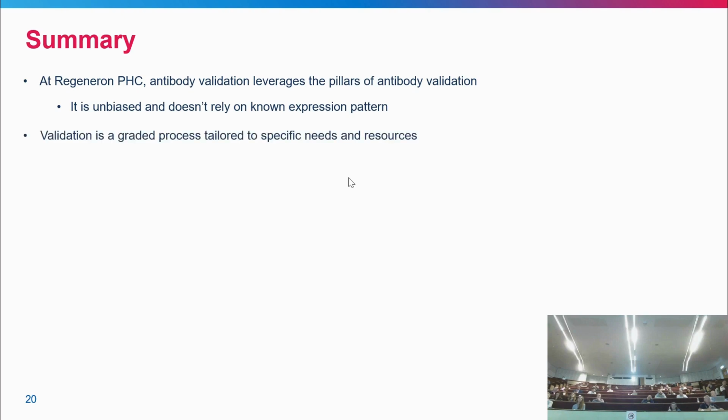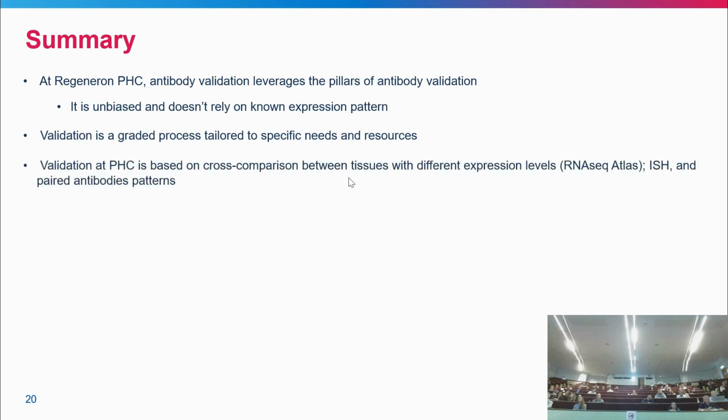So validation is not one step. It's usually graded and tailored to your specific needs and also resources. And validation, in our hands, is based on multiple experiments, and on cross-comparison between tissues with different levels of the endogenous proteins and RNA, and we also use a lot of the paired antibody patterns.